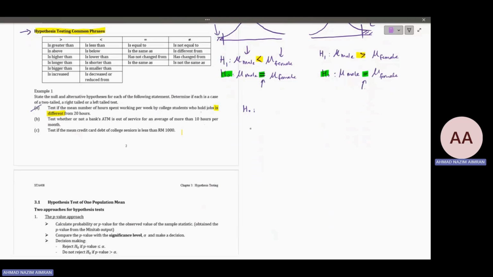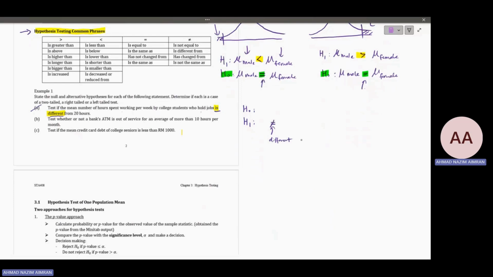So when you read the question, test if the mean number of hours spent working per week by college students who hold jobs is different from 20 hours. So "different from 20 hours" is actually our alternative hypothesis. You must include the not equal to symbol. This symbol means different, right?